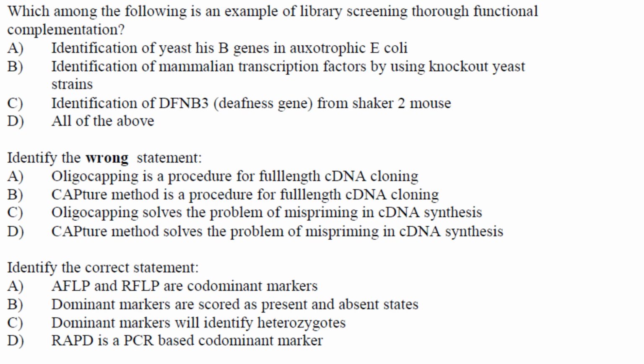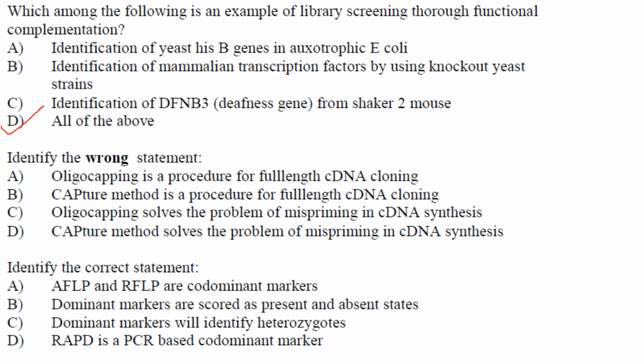Then identification of mammalian transcription factors by using gene knockout yeast strains. So yeast strains with specific transcription factor genes deleted are selected. Mammalian cDNA library is introduced into the yeast. Then colonies growing under selective condition indicate complementation by mammalian transcription factors. So all of the above are examples of library screening through functional complementation. Answer is D.